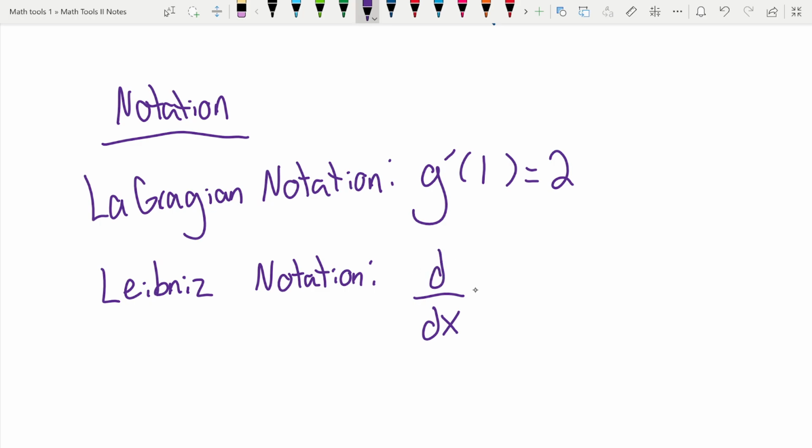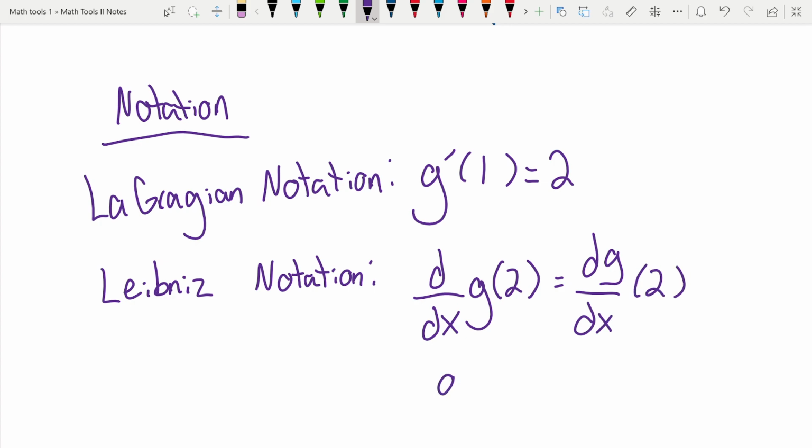In this case, it would make more sense to call this d dx of g of 1, or sometimes this is written as dg over dx of 1, or the g part is not used and we just say dy over dx of 1. I keep getting the 1 and 2 mixed up. But we're finding the derivative at 1, and that's equal to 2.